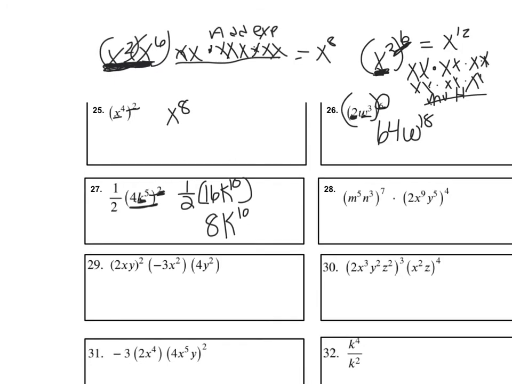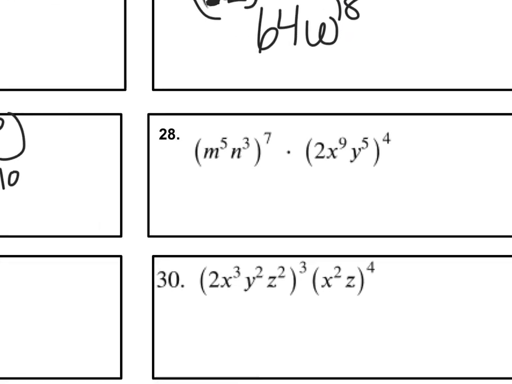Alright, number 28. Here we're going to multiply these two powers. So what we want to do first is do this part. One base, two exponents, power to a power. So that's going to be m to the 5 times 7 is 35.